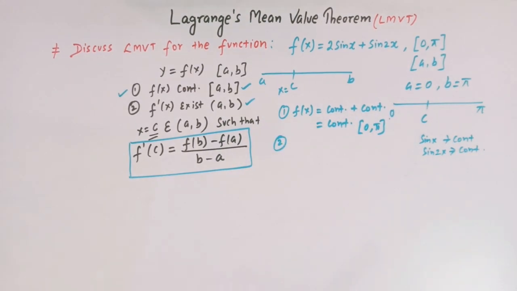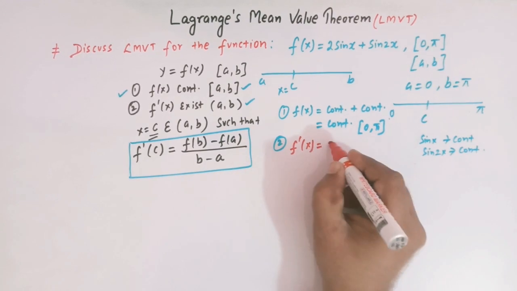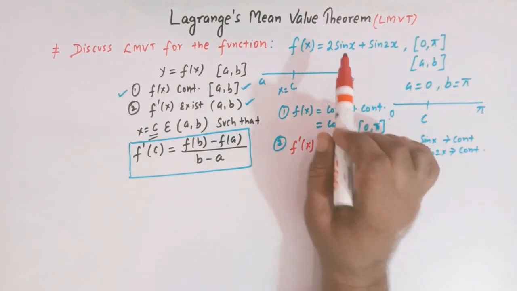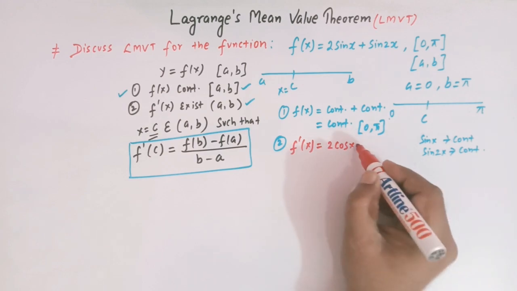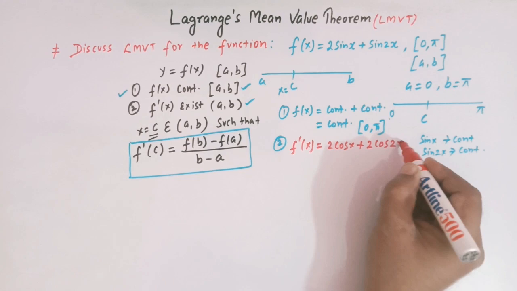Now let us take the second condition. If we differentiate f of x, what do we get? f prime of x is equal to 2 cos x plus 2 cos 2x, because the derivative of sine x is cosine x and the derivative of sine 2x is 2 cos 2x.